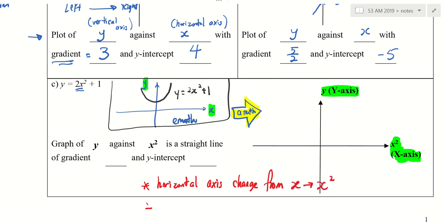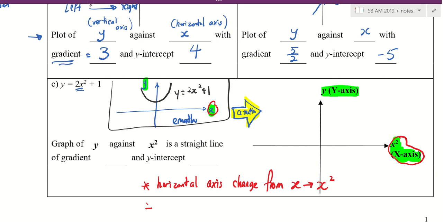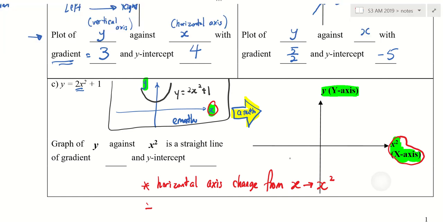By right, I have an x, now I have an x squared. Do you know by changing the axis what will happen to the line? It will become straight. So the line will become like that. This is y equals 2x squared plus 1. The entire topic is talking about this concept alone, to make a curve into a straight line.